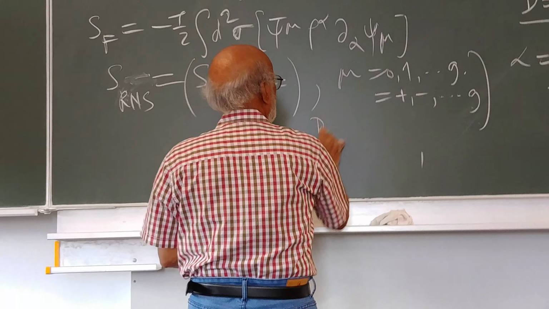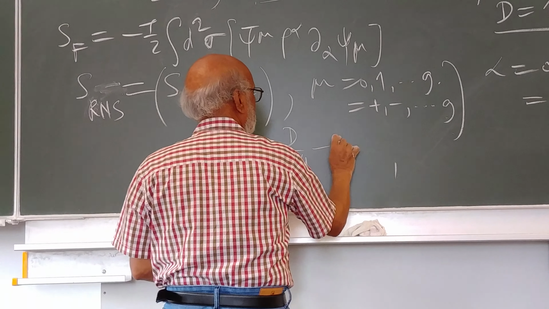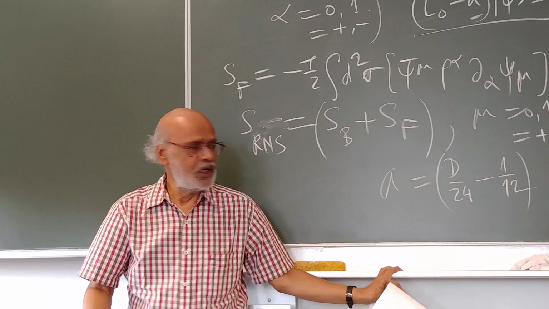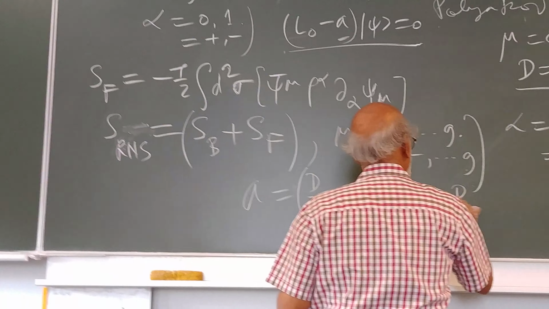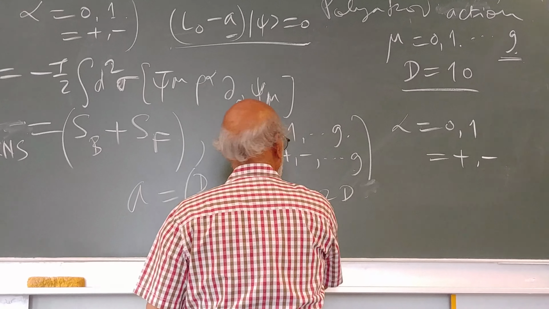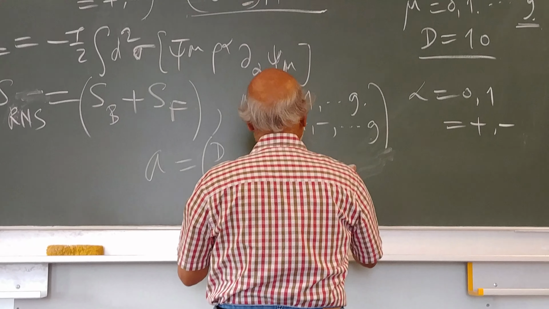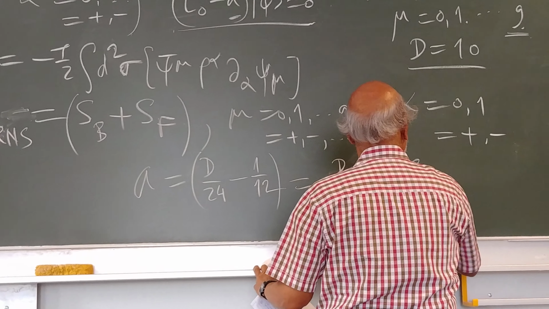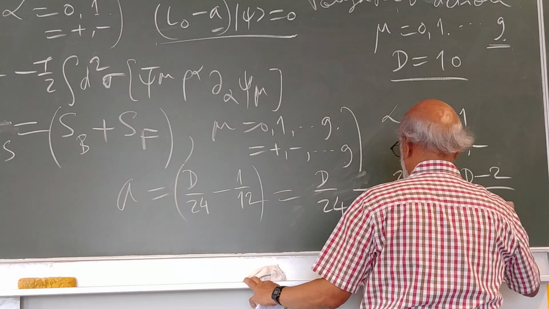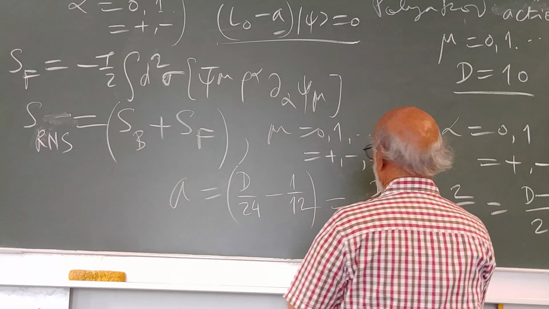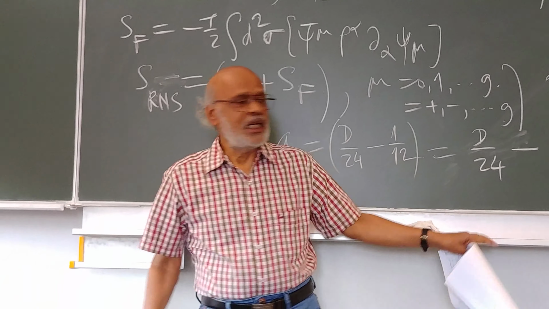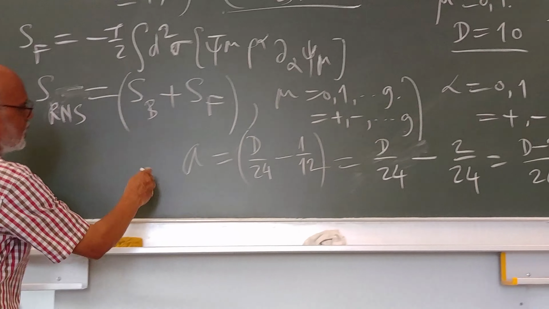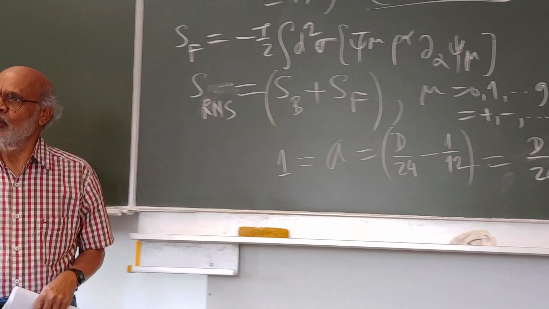I think it was D minus 2 by 24. When you take D as 26, 26 minus 2 is 24, 24 by 24 is 1, and so this turned out to be A equals 1.